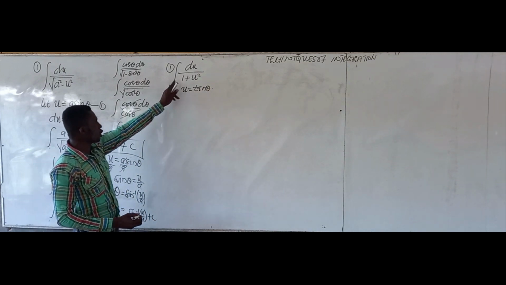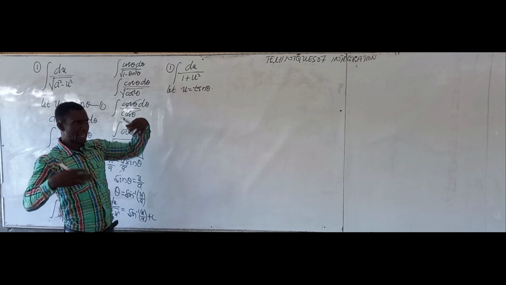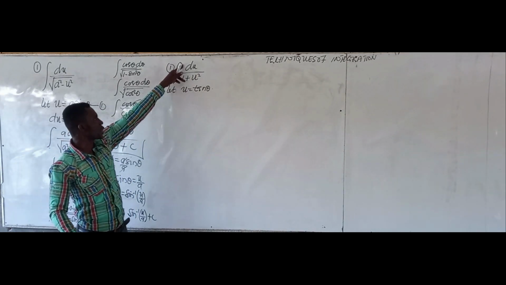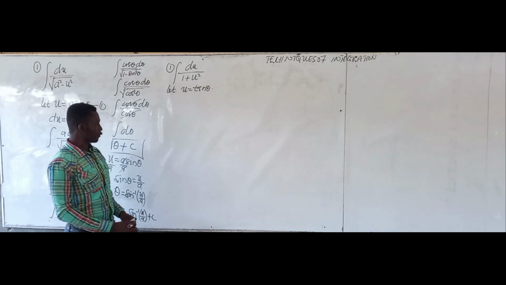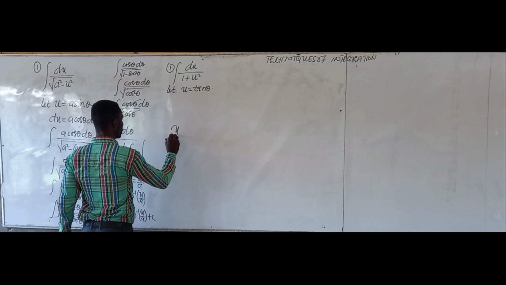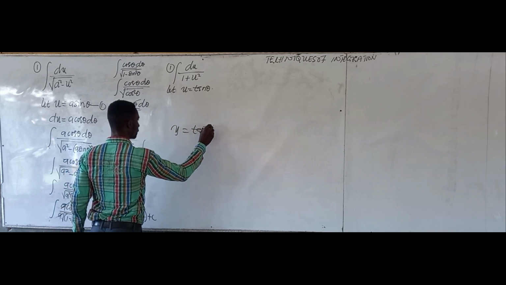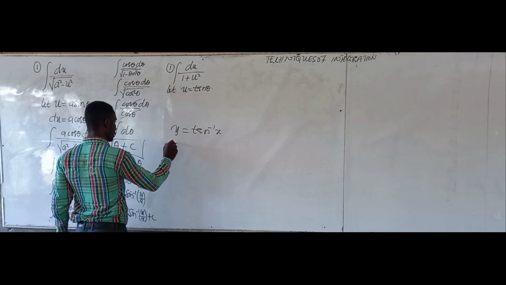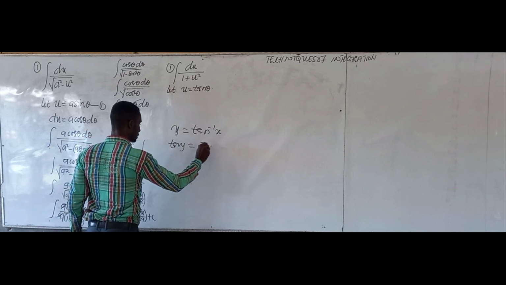Because whenever you see 1 over 1 plus something squared, it is tan. For example, if you have y is equal to tan inverse of x, you can get tan y is equal to x.